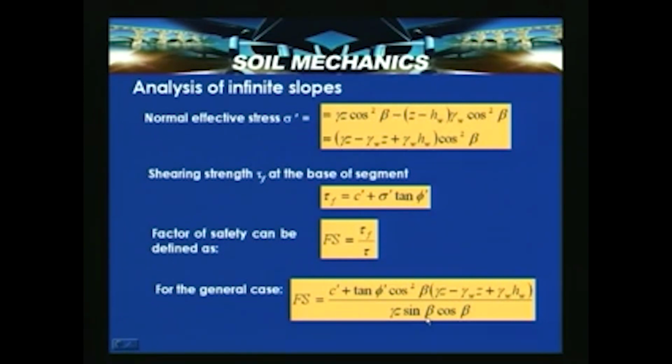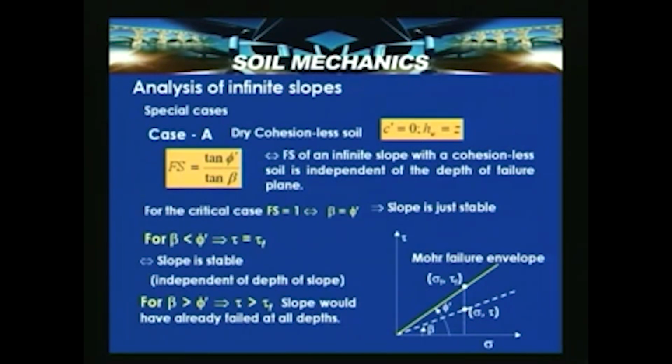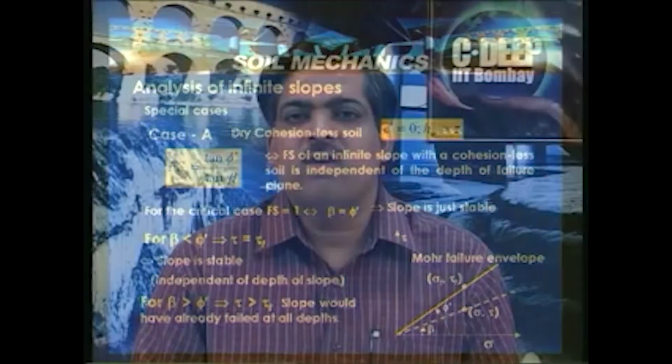Now we consider different special cases in the analysis of infinite slopes. Let us consider a dry cohesionless soil where c dash is equal to 0 and h w is equal to z. That means the water table is at the failure surface, where there is a rock layer at the full depth from the top of the slope surface.